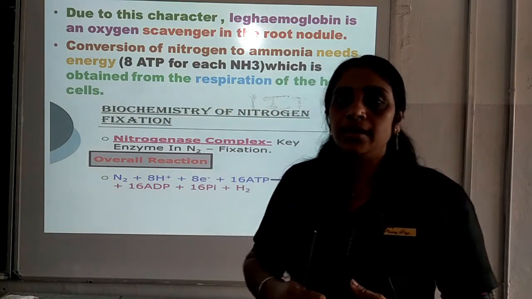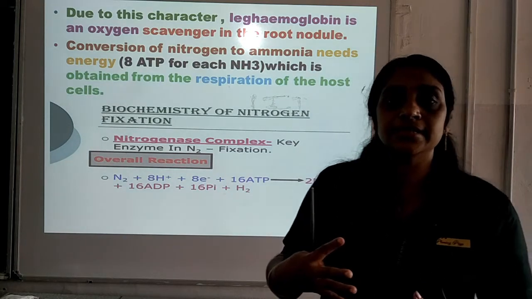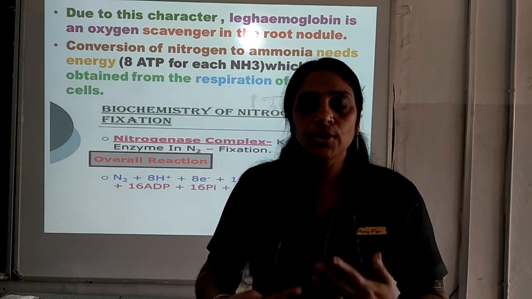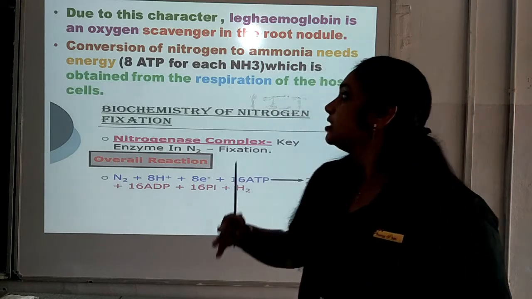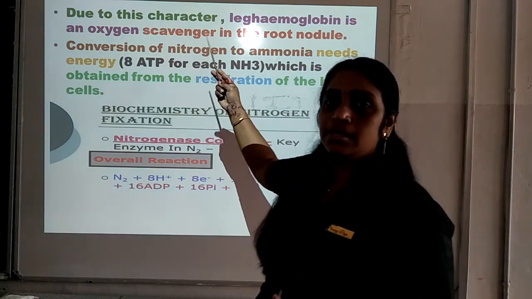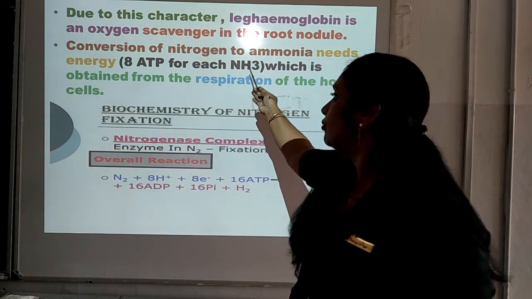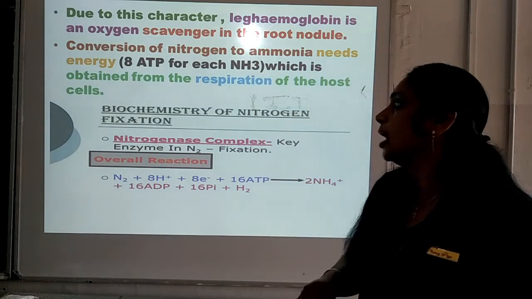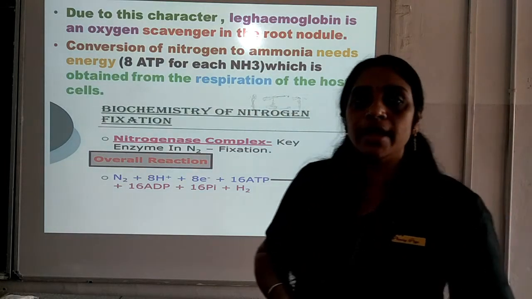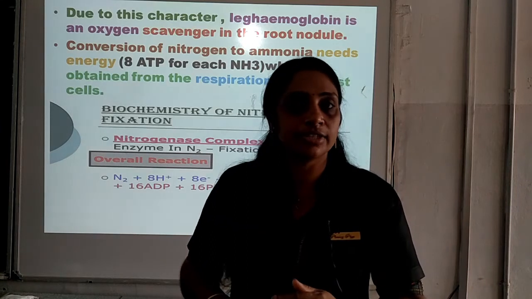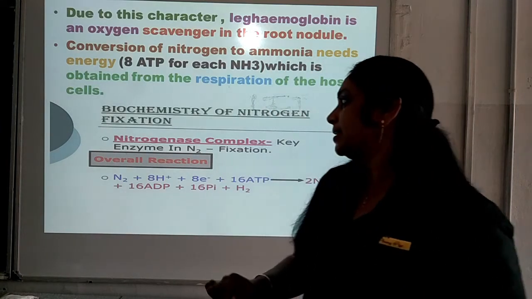In the host cell, as we know, these cells are respiring. So during respiration, ATP is produced, and this ATP is utilized for the production of ammonia. In this manner, symbiotic nitrogen fixation is taking place in the plants.